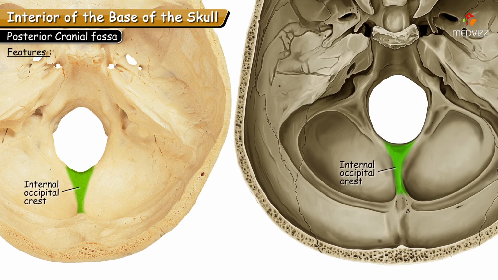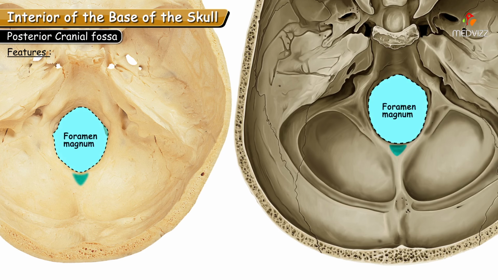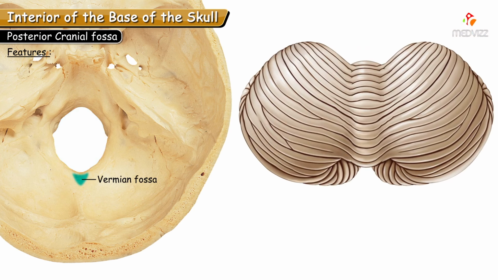At the lower tip of the internal occipital crest, we can see it splits, forming a triangular fossa. This small triangular fossa, which is adjacent to the posterior part of foramen magnum, is the Vermian fossa. Vermian fossa is related to the inferior vermis of the cerebellum.